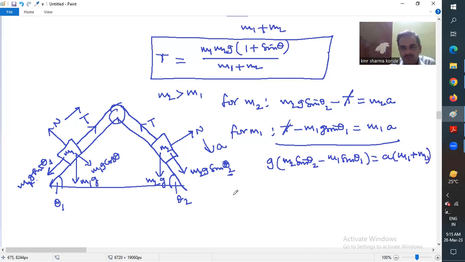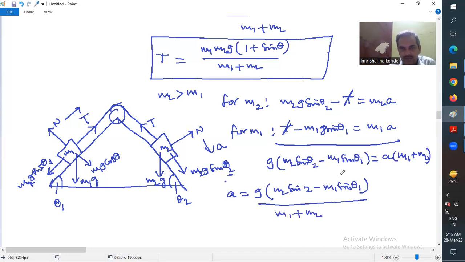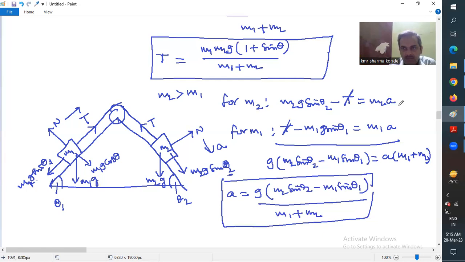So the equation of acceleration will be g of (m2 sin theta 2 minus m1 sin theta 1) whole divided by m1 plus m2. So this is the equation for acceleration. If you substitute this acceleration equation in 1 or 2, you will get the equation of tension.